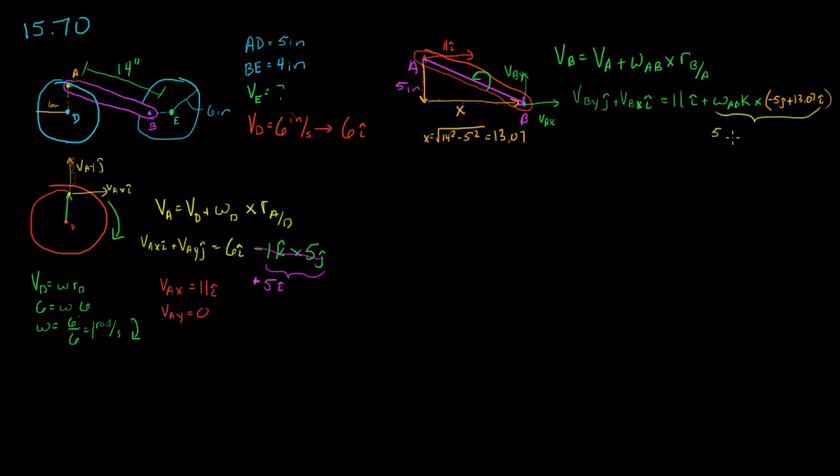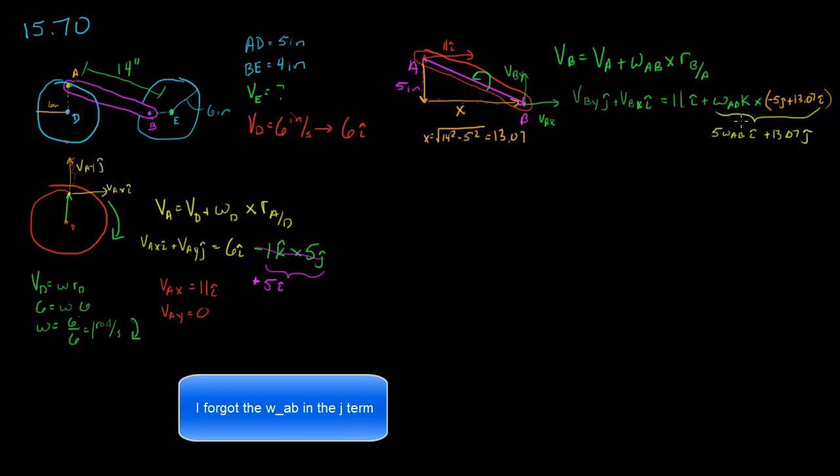So we're going to have 5 omega AB of i. And then we're going to have omega AB crossed with a 13.07i, so this is going to be a plus 13.07 j. Okay, so this right here becomes our velocity of B equation.